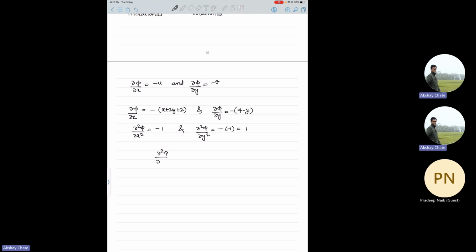No, but one second. Yeah, phi is defined for irrotational flows, right? Here it is satisfying.